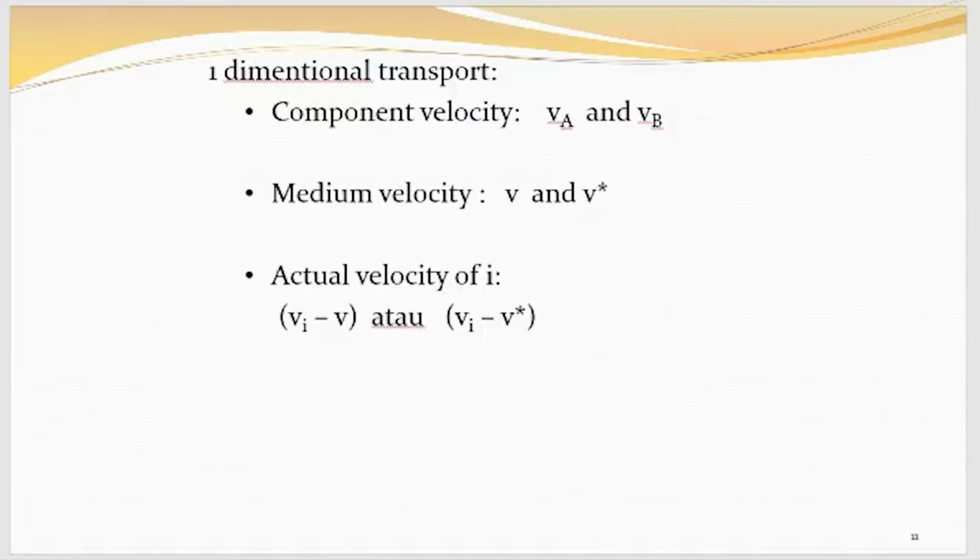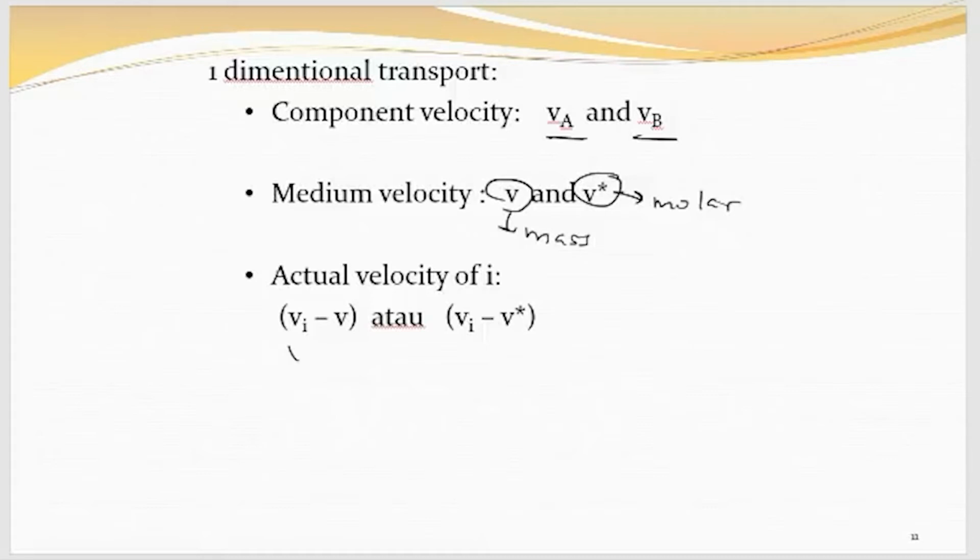So the component velocities are VA and VB. The medium velocity can be expressed as V or V star. This one is for molar, and this one is for mass concentration. And the actual velocity of component i is Vi minus V or Vi minus V star.